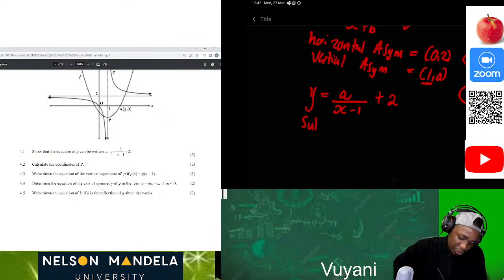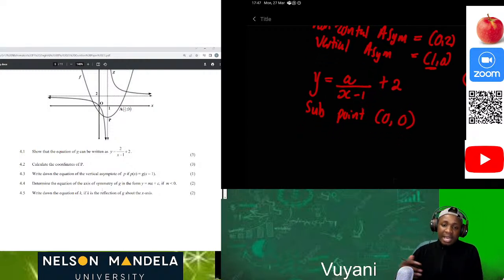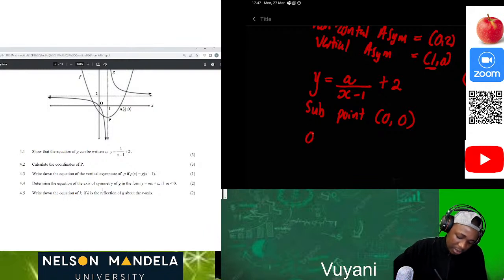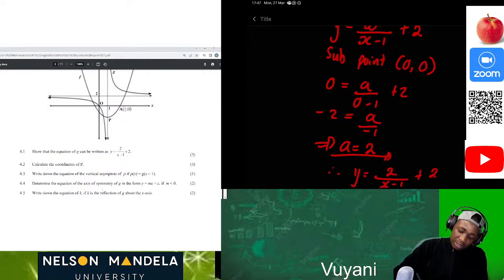So we substitute the point (0, 0), because that's both the x and the y intercept. So 0 is equal to a over 0 minus 1, plus 2. Negative 2 is equal to a over negative 1. We cross multiply, then a is equal to positive 2. Therefore, y is equal to 2 over x minus 1, plus 2.